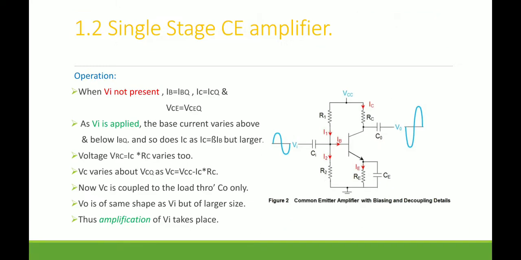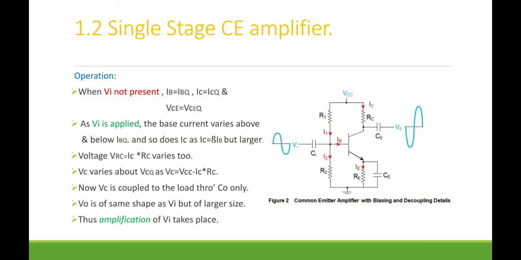Then how it is operated: when there is no input applied, then IB still flows, and that IB is called IBQ, and the respective collector current is called ICQ, and the voltage drop across collector emitter is VCEQ.